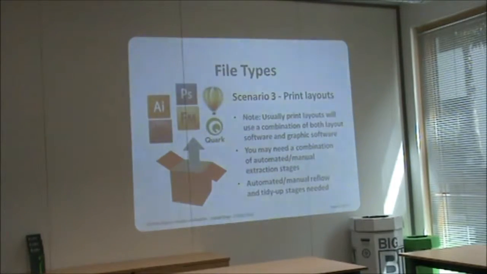Okay, so I think I've already said this, but just quickly again. When you have a print layout like InDesign, Quark, FrameMaker, then it's more often than not going to have graphics in there. And how these work is different from Word, where if you want to put a graphic in, you import the graphic and the whole graphic sits in that Word file.